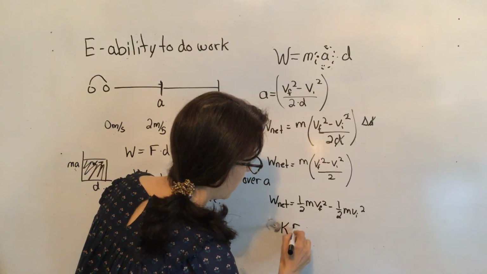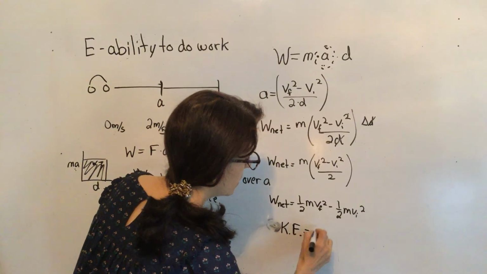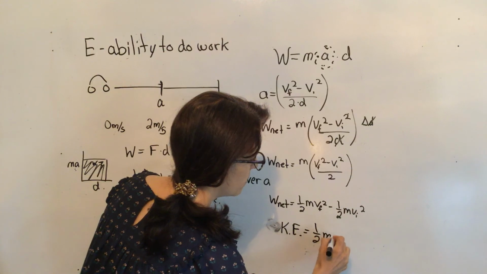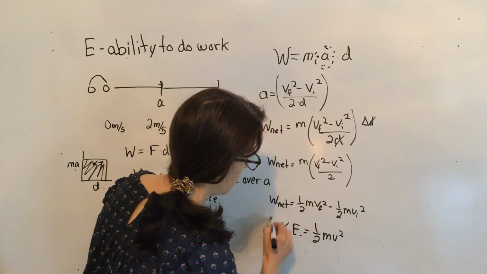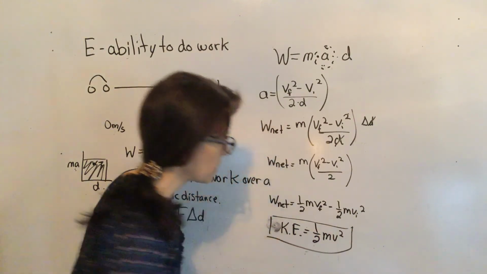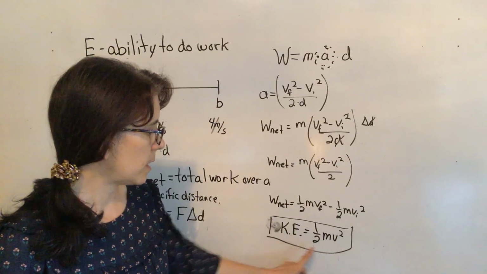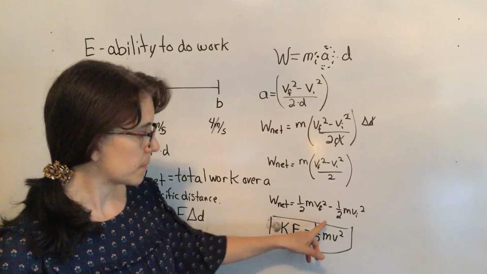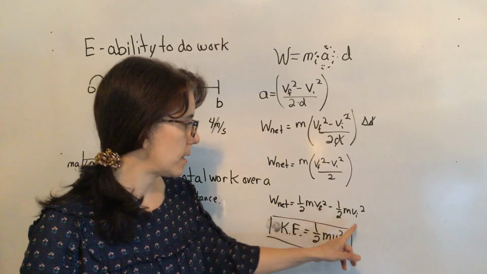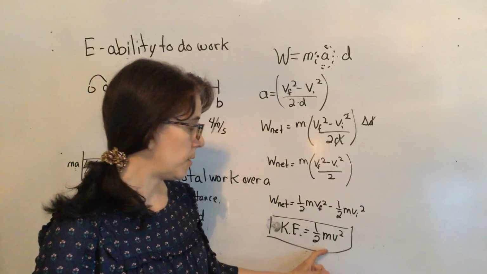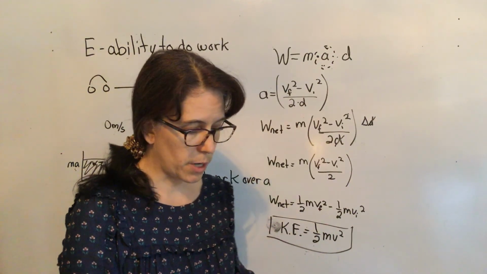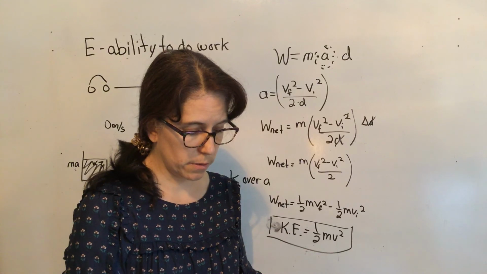We wrote it like that, KE equals 1/2 mv squared, and we simplified it like that. So how do we get from here to here? Well, just assume that one of these velocities is 0, and you basically get this expression right here.